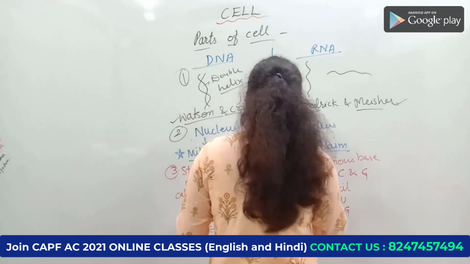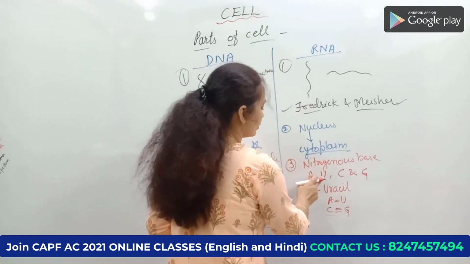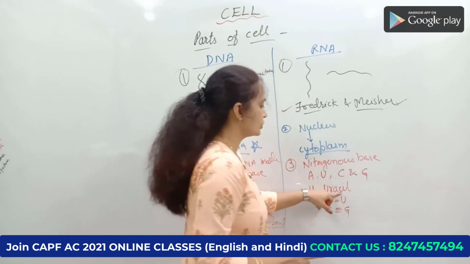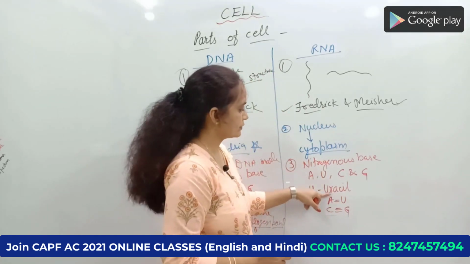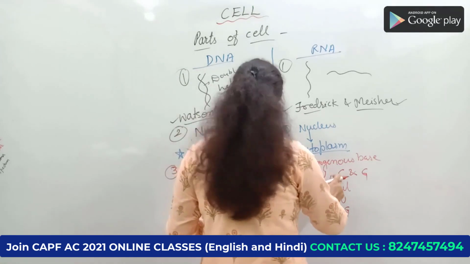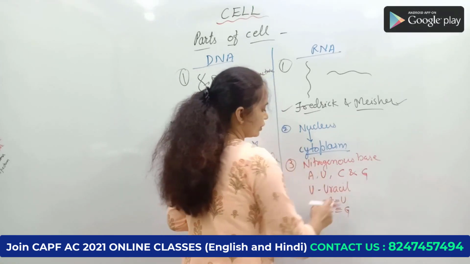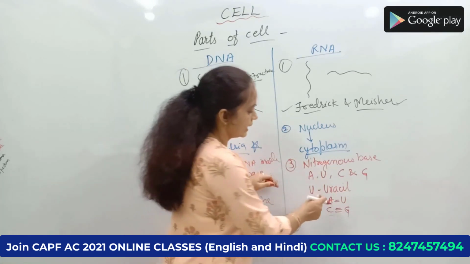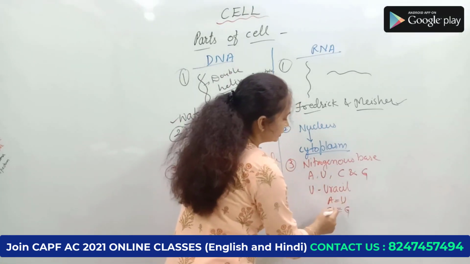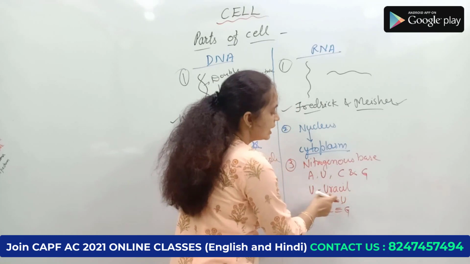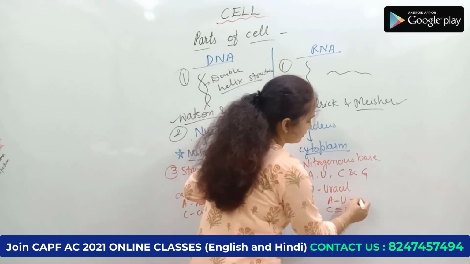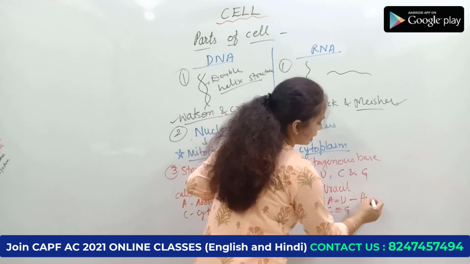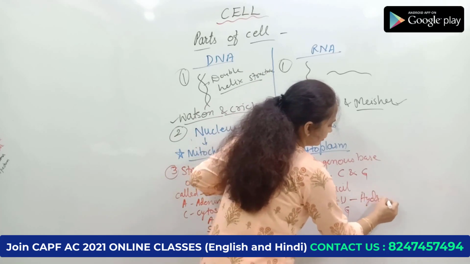Then let's see RNA. Again the same: A for adenine. The only difference is that here you have U, that is uracil. C again is cytosine and G is guanine. So A is always bound with U, uracil, with the same hydrogen double bond.